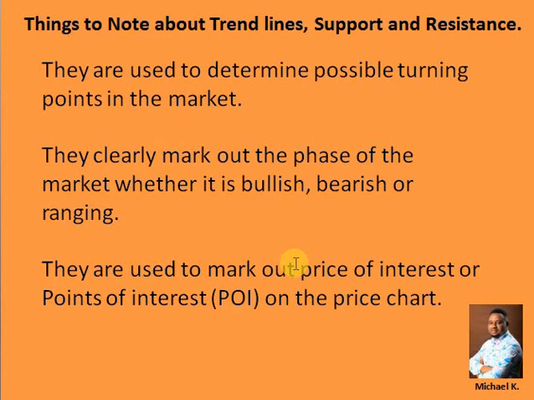What we mean by points of interest is still turning points on the market, possible points on the price chart where you can make your entries, notable points that will give rise to a trend change or a trend continuation.